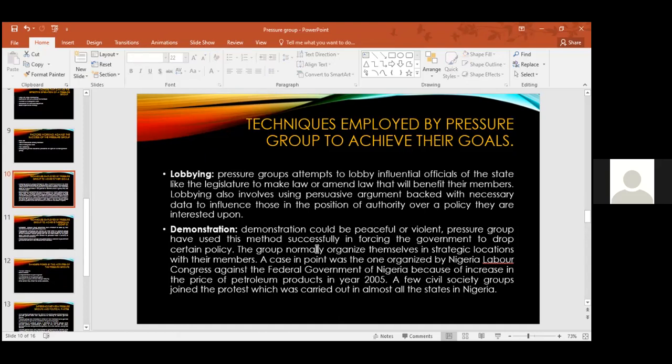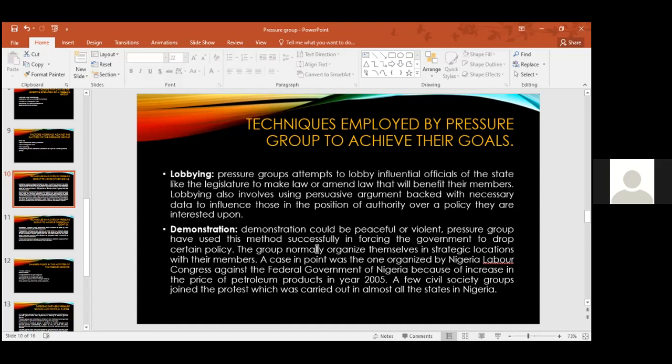Now, lobbying, that word itself is very diverse. Lobbying is more like convincing, like you talk to people in high places, people that can make decisions. You talk to them, you relate with them, and try to convince them to do your bidding. That's the idea of lobbying. Naturally, lobbying is about talking with people, convincing them.